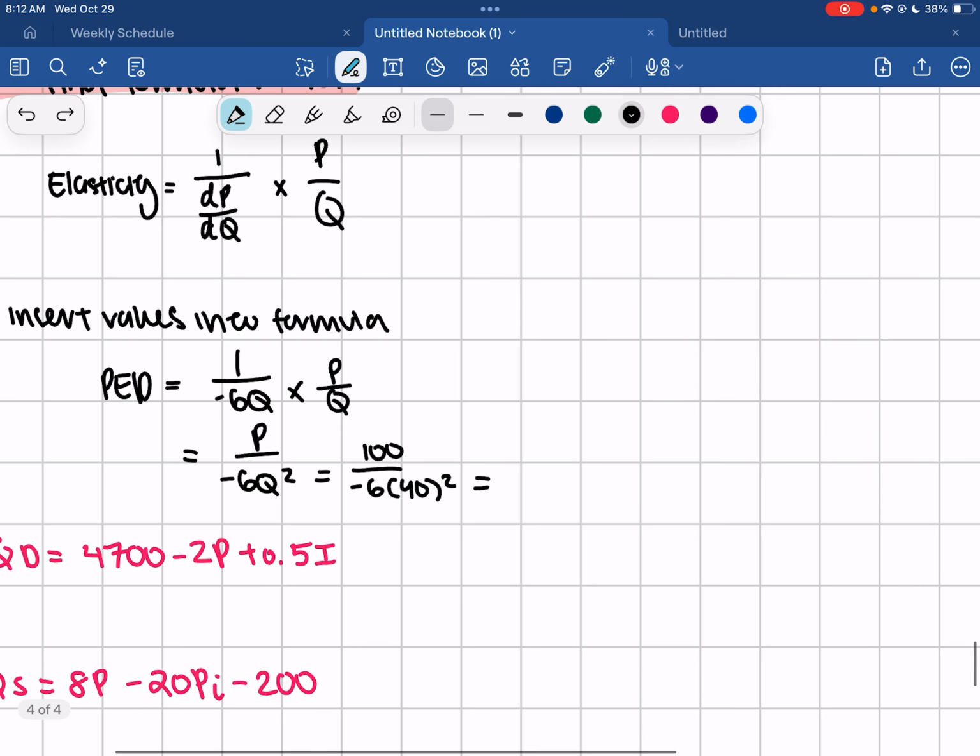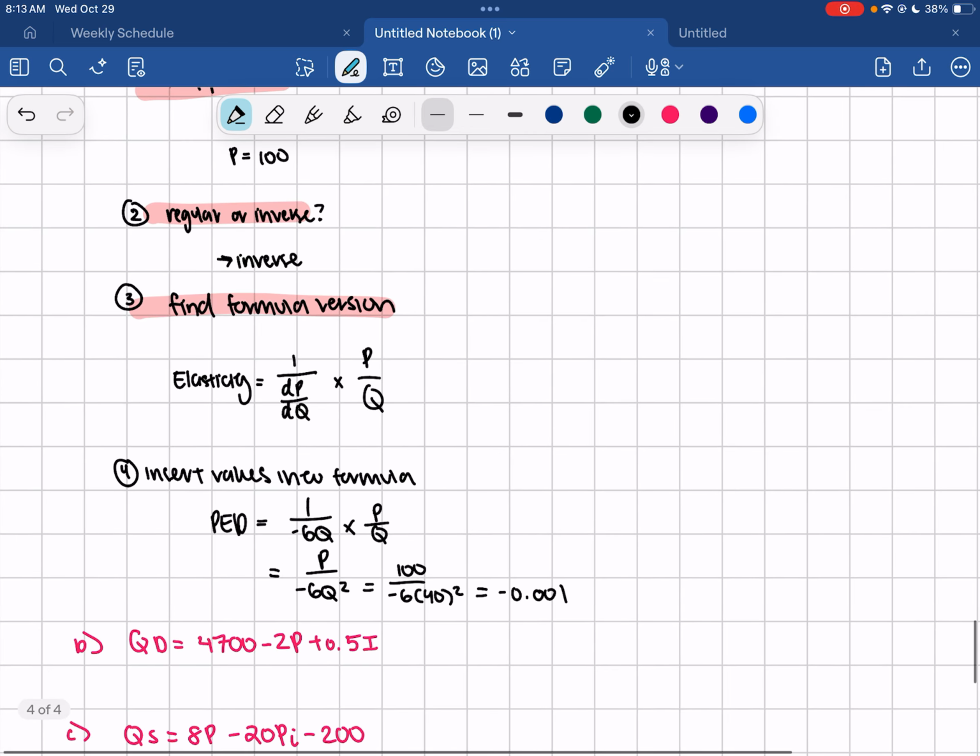And that'll give us, are you ready? Times 40 squared. That'll give us negative 0.001. So that means that this slope is inelastic.